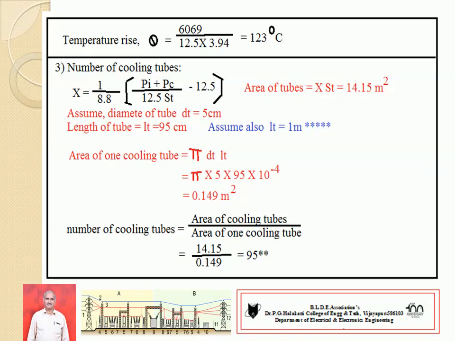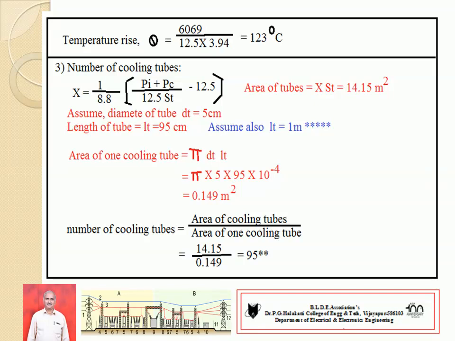Then the last one is number of cooling tubes. Again, as per our earlier method, we can calculate the X value. Then X times ST gives area of tubes. You calculate X and multiply by ST. So you are going to get 14.15 meter square.